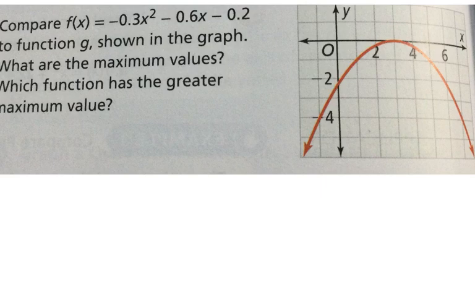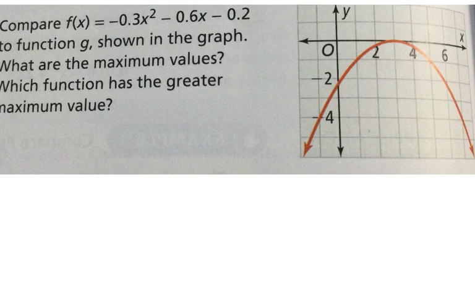This is 0.6 over negative 0.6, which means the vertex occurs when x is negative 1. Worked out kind of nice. I can take negative 1 and plug it in to find the actual vertex. So if I plug in negative 1, this is negative 0.3 times negative 1 squared minus 0.6 times negative 1 minus 0.2.